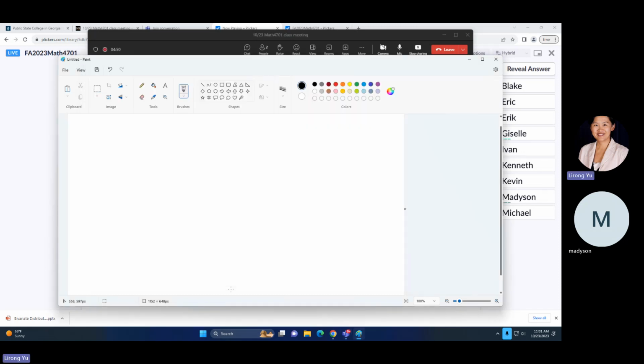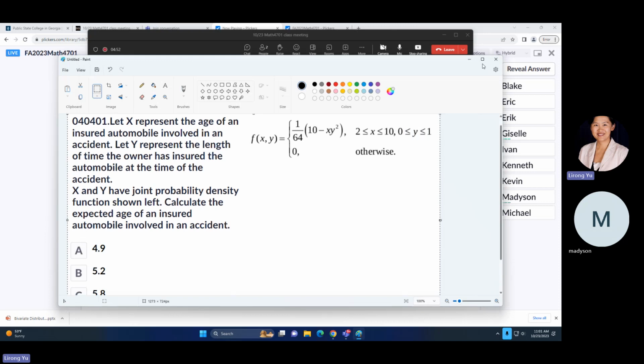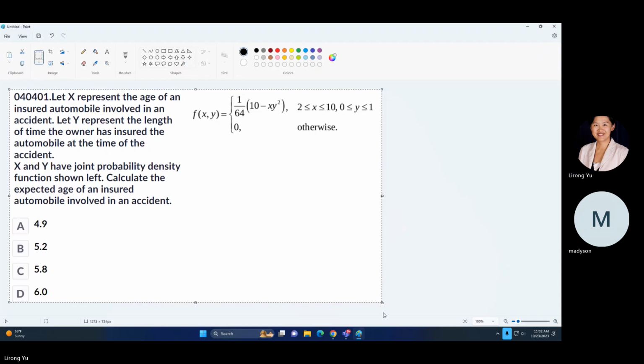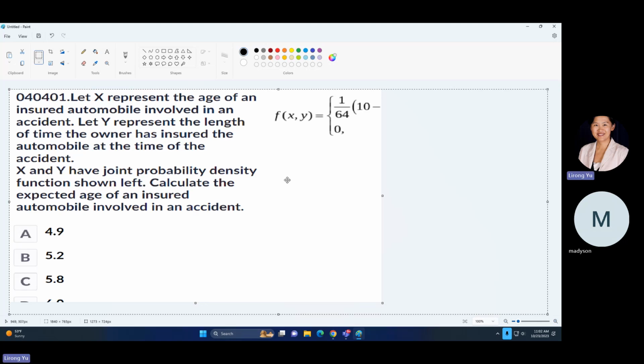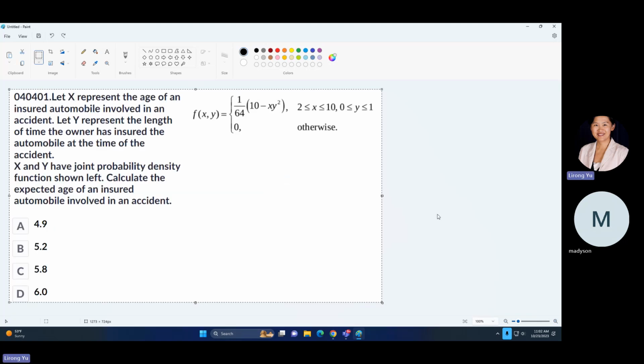All right, so this is a question, and we're going to calculate E of X. So we're calculating the expected age of a car.